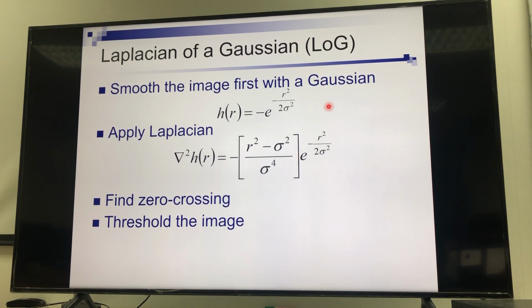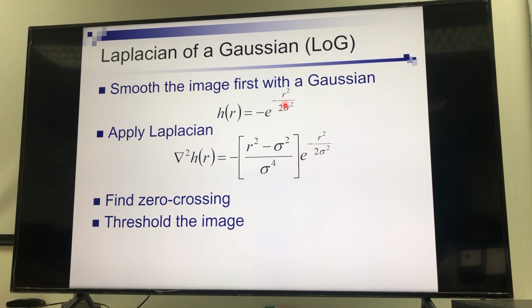Somebody came up with the Laplacian of Gaussian. LoG stands for Laplacian of Gaussian. Basically, it's just taking the Laplacian of the Gaussian function, and this is the function. It looks like this. So this is the Gaussian, right?